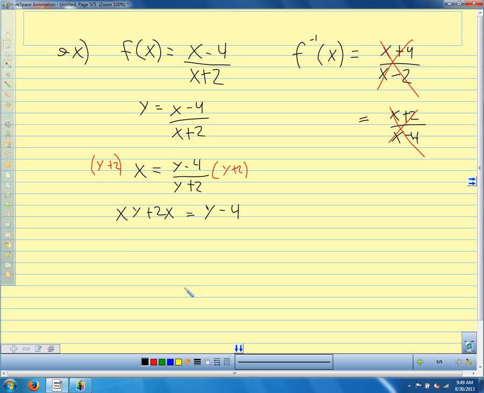Now this is where people start getting confused. What do I need to do here to solve for y? What's going to be my next step? Add 4. Okay, I can add 4. My problem is I have this xy thing here. What can I do with that?